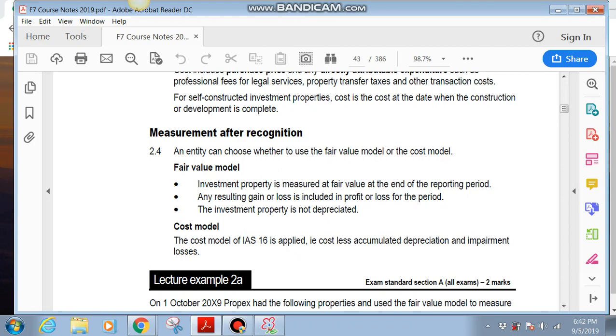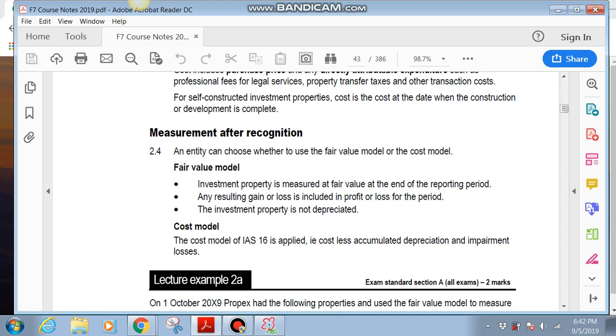Just like under IAS 16, if the entity chooses to use the fair value model, you cannot be selective. You have to revalue all investment properties that you have. Now, if you choose the revaluation model, that is where the differences from IAS 16 come in.